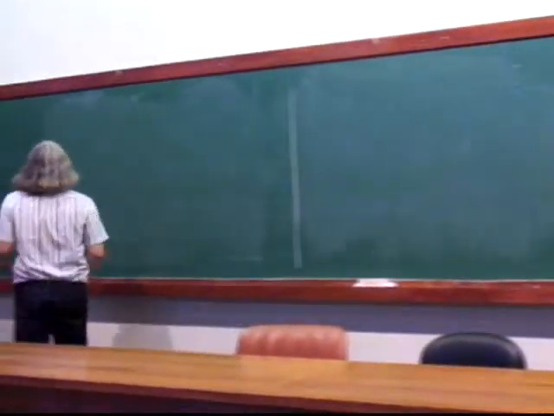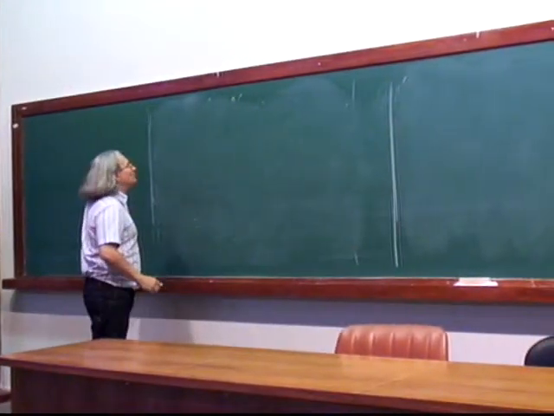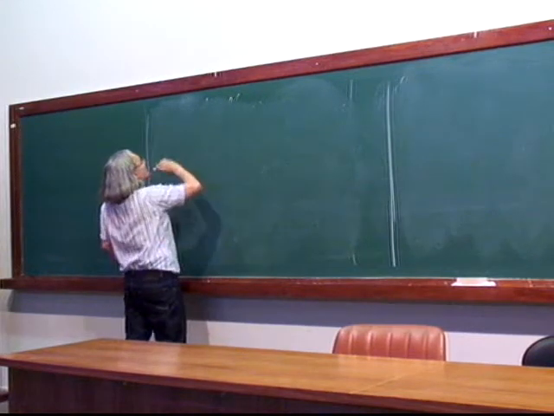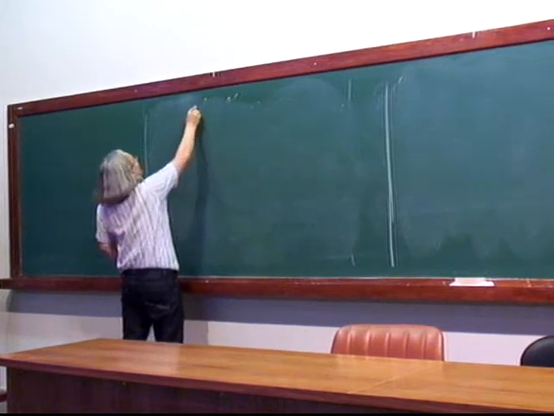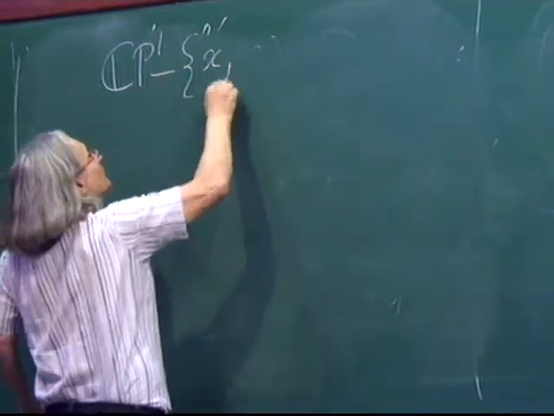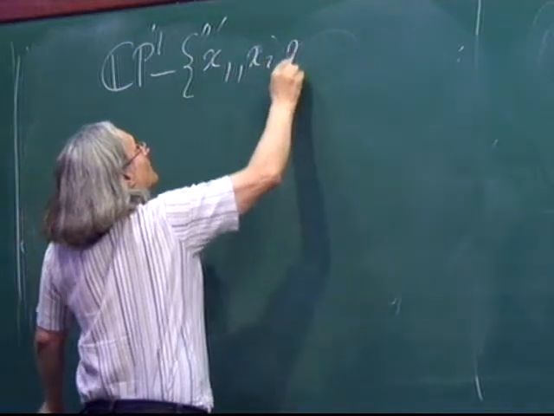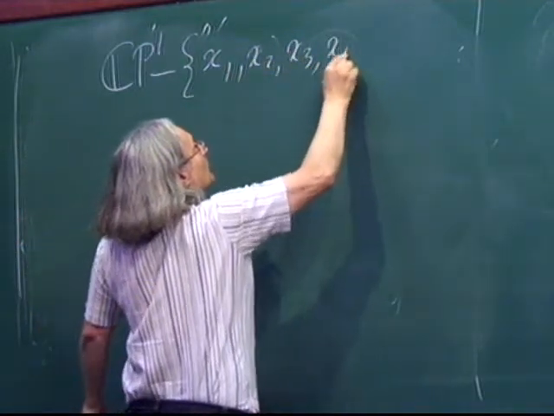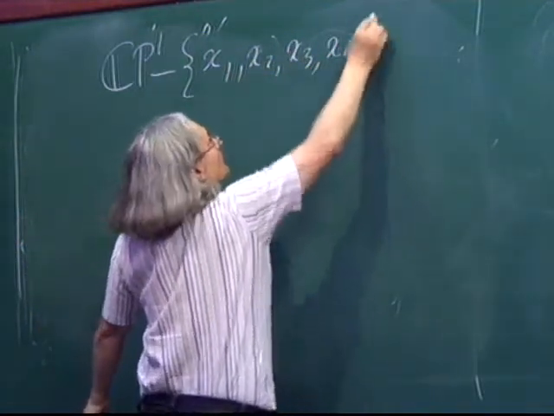Okay, so I want to take, let's begin with 4 points. I take CP1 minus 4 points. Real points.